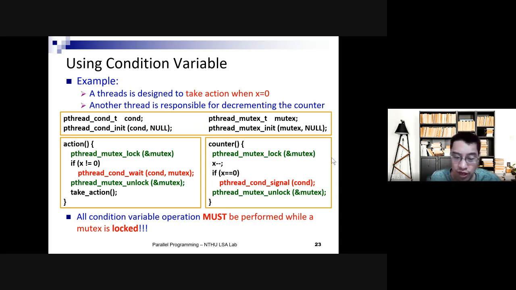Then the action thread can truly return from the conditional wait and continue the statements in the critical section. So at the end, this implementation allows the threads to synchronize with each other correctly according to the condition signal, and they also follow the mutual exclusion requirement for the critical section.